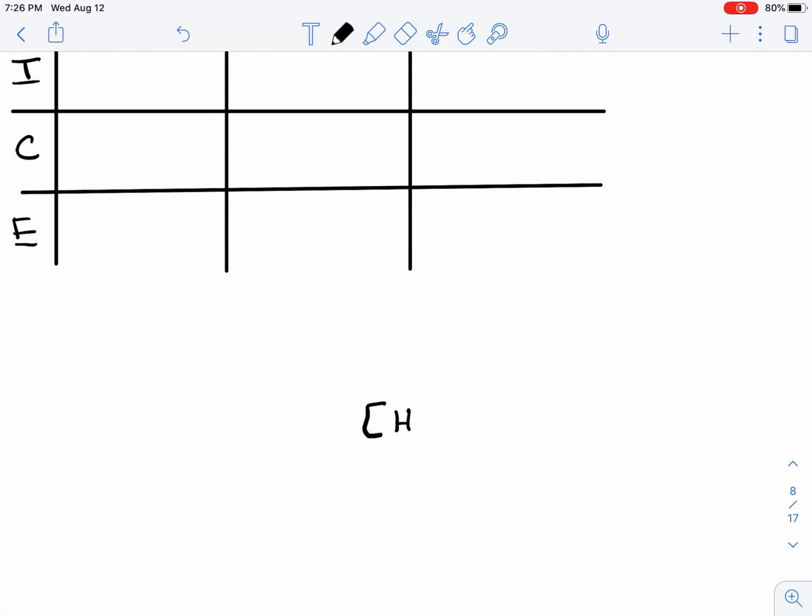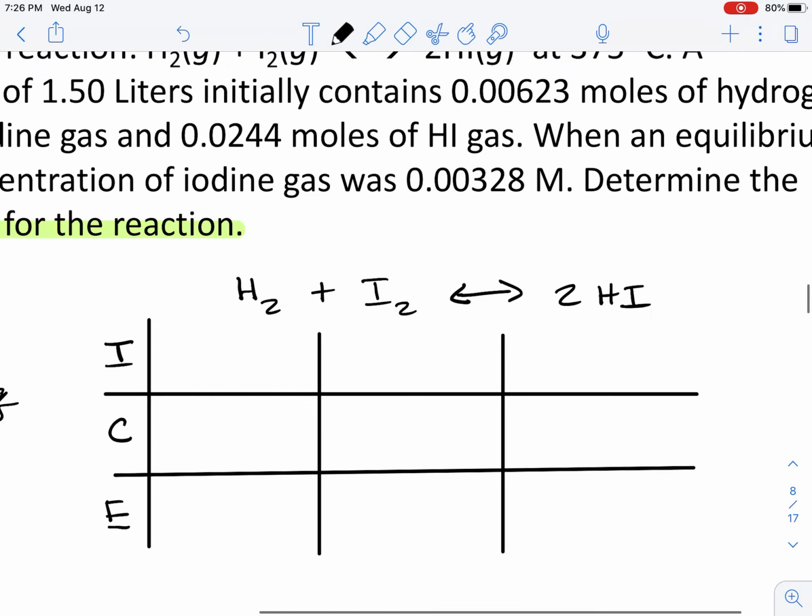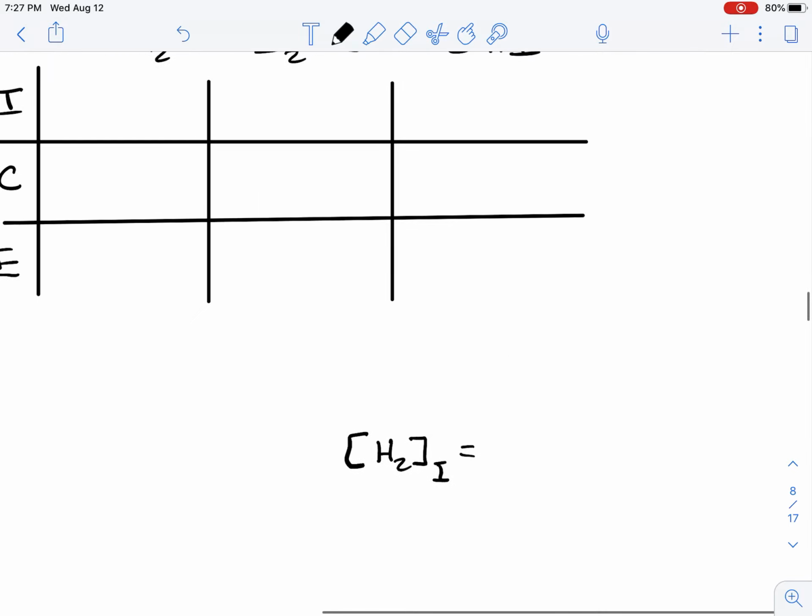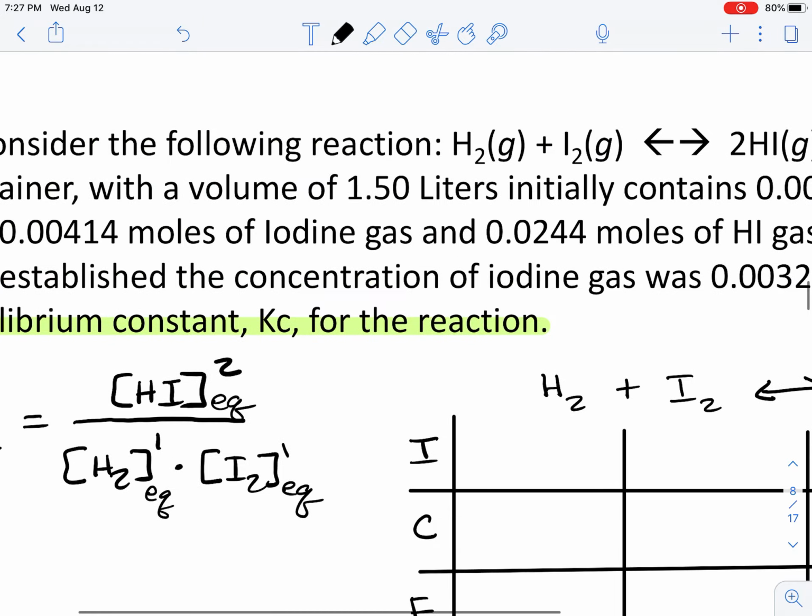This I is going to represent the initial concentration. So that's going to be 0.00623, or 6.23 times 10 to the negative 3 moles, over the total volume, which is 1.5 liters.